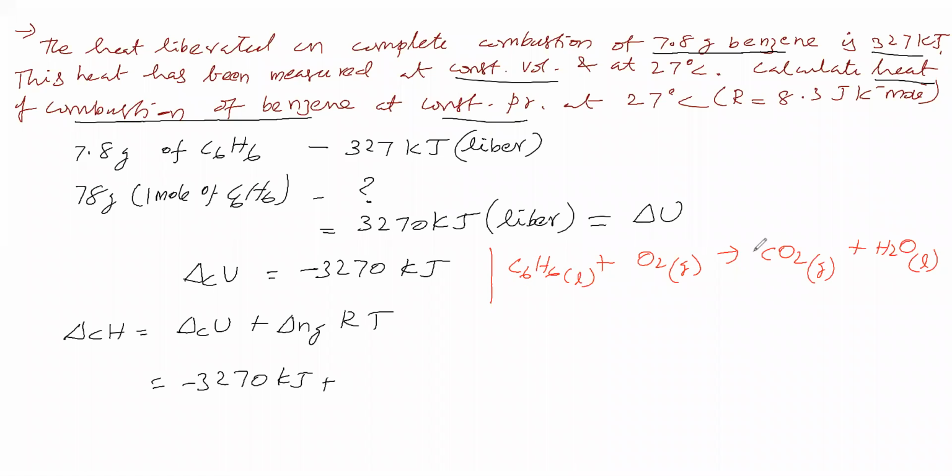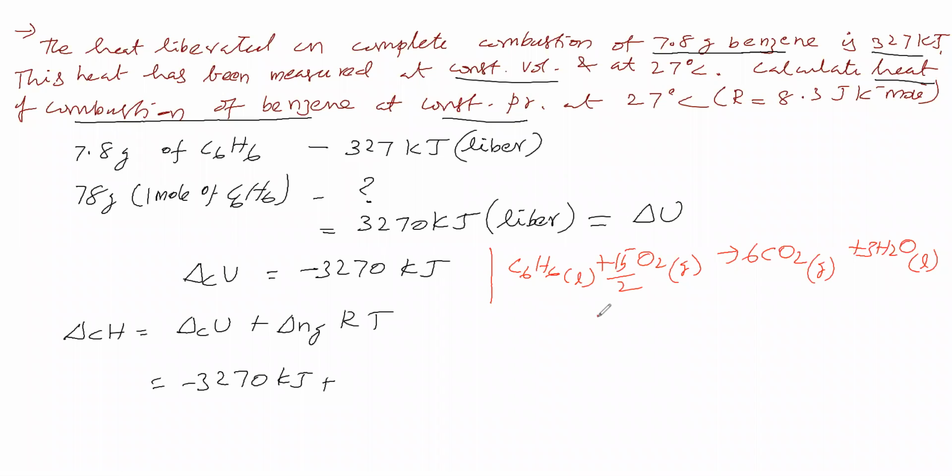So 6 carbons present, therefore 6 carbon dioxide, 6 hydrogen, therefore 3 H2O, and oxygen: 6 into 2 is 12, plus 3 is 15, therefore 15 by 2. The equation is balanced, keeping benzene as 1 mole.